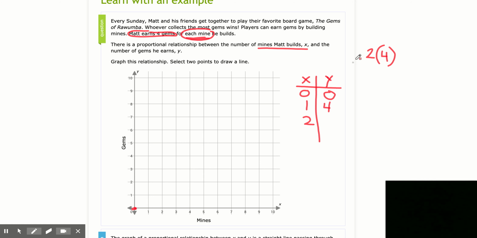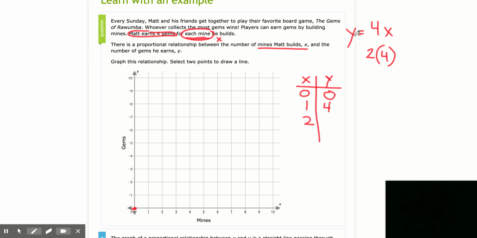Basically, we can tell right away that y equals 4x. All right. Remember x, here's x. X is for each mine that he builds.